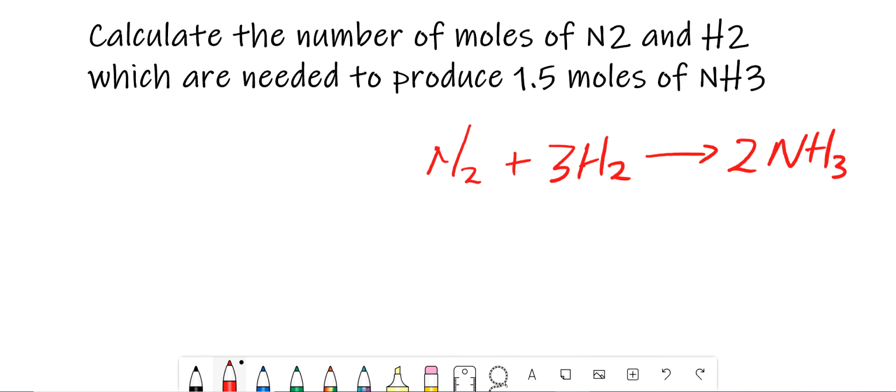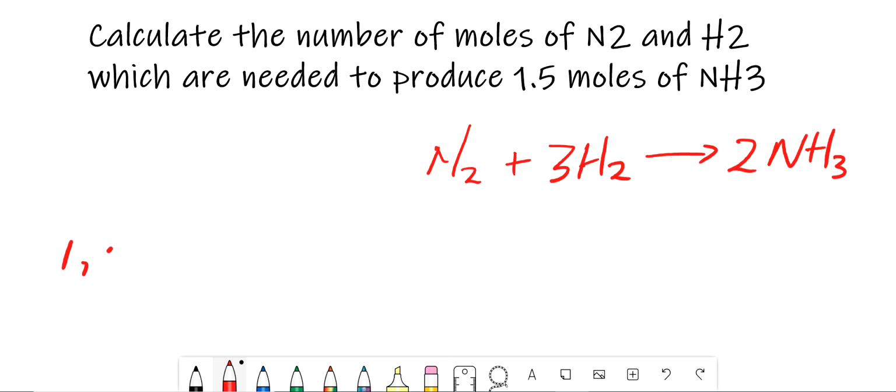I already put my balanced equation here because we will need it. The question asks us to calculate the number of moles of nitrogen and hydrogen which are needed to produce 1.5 moles of ammonia. In this case we need to calculate the number of reactants, all of them, that will react together to produce 1.5 moles of ammonia.